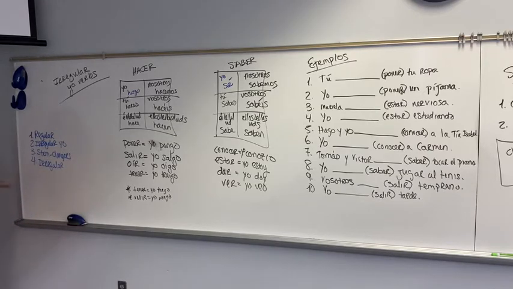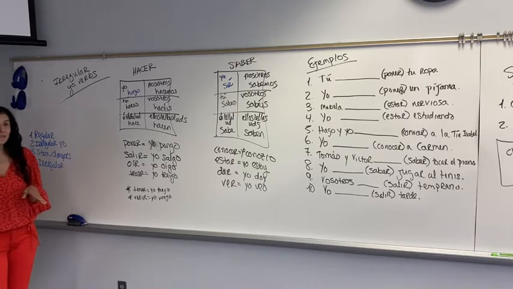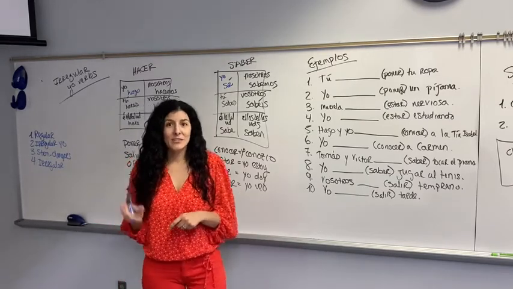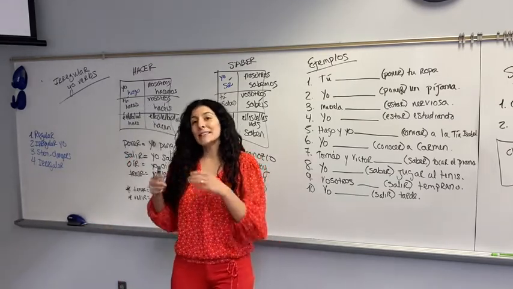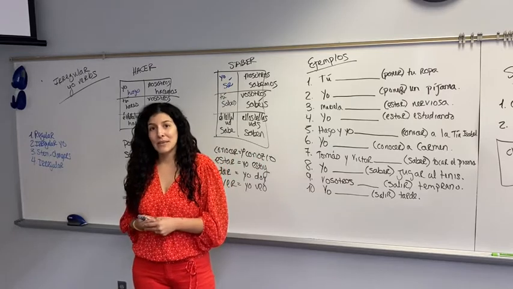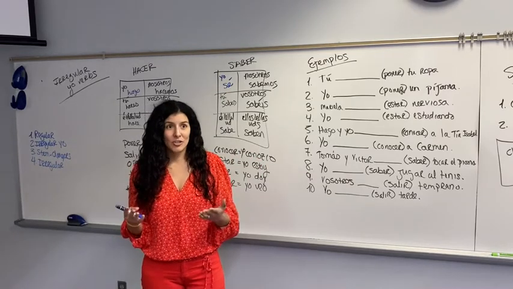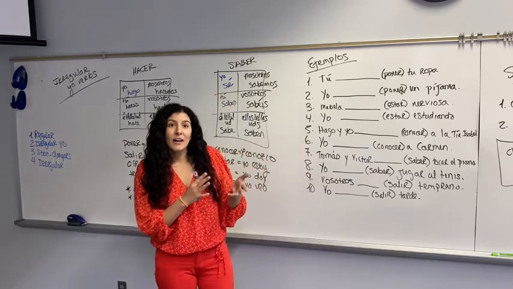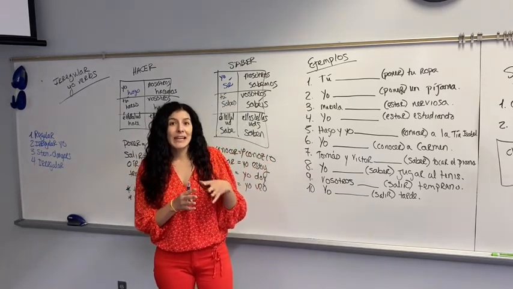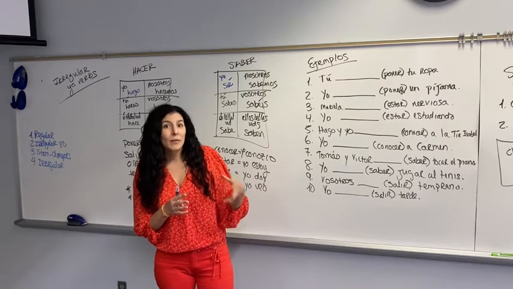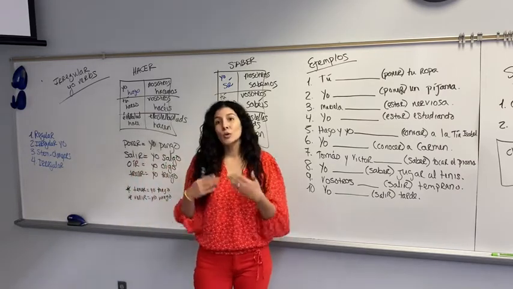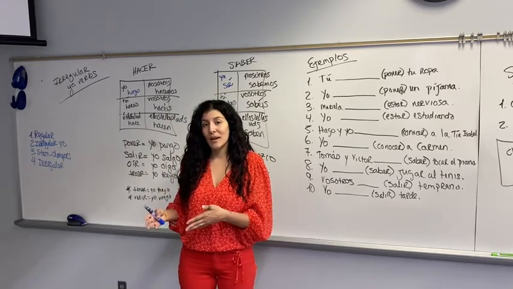So whenever I say a verb is a regular verb, what I mean is that that verb has a regular stem. And when I say it has a regular stem, that means the stem doesn't change. You may remember whenever we learned AR, ER, and IR verbs, we learned that the ending told us where we were in time, that is to say in the present tense, and who was the subject or who was speaking, right?